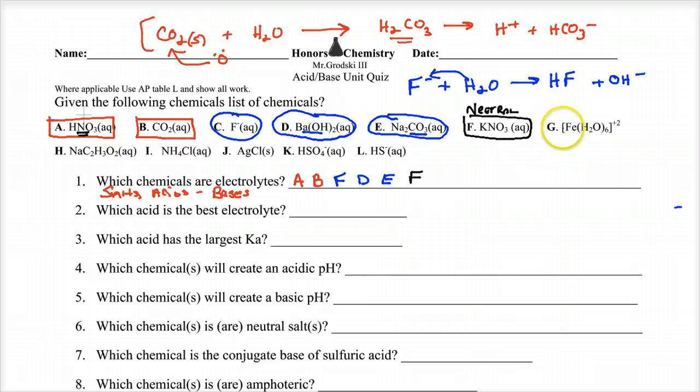let's look at G. This is a complex, as we talked about. This is the iron 2+ ion, small with high charge density, pulling in a lone pair from water, and 6 of them. Okay, you should know that G would be an electrolyte just because it's a charge. Anything with a charge in solution would conduct a charge in that solution and be an electrolyte.